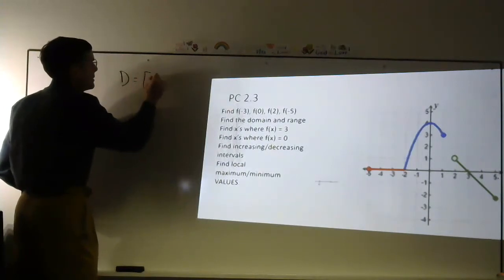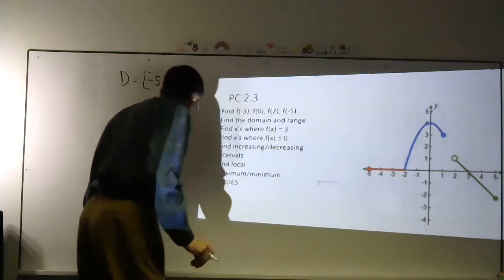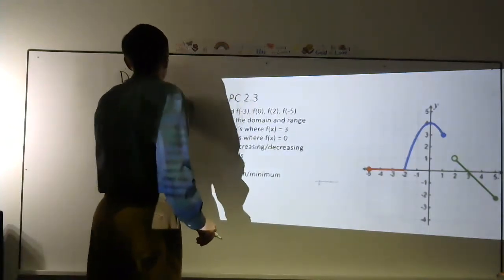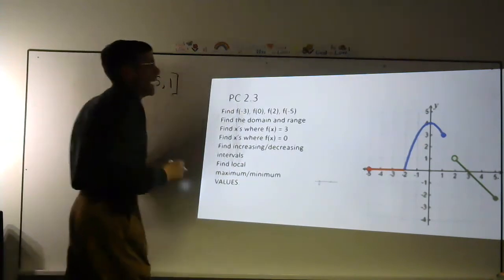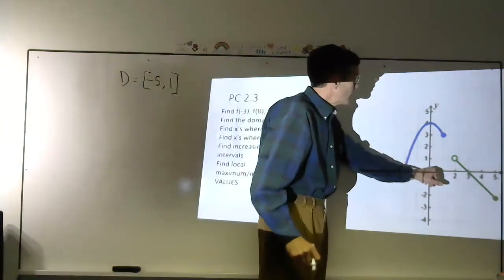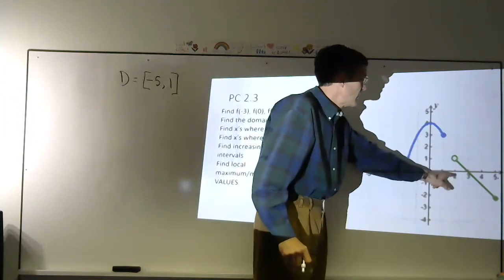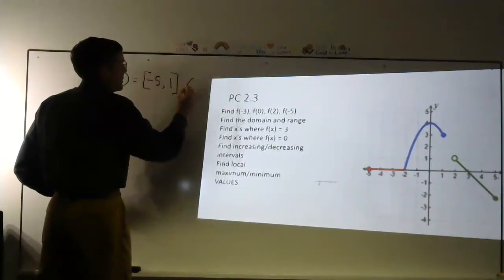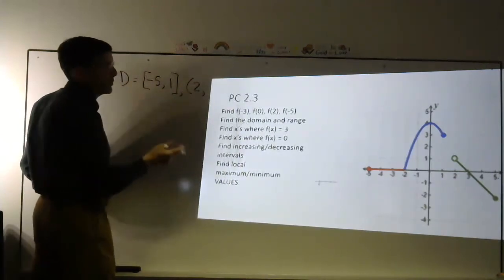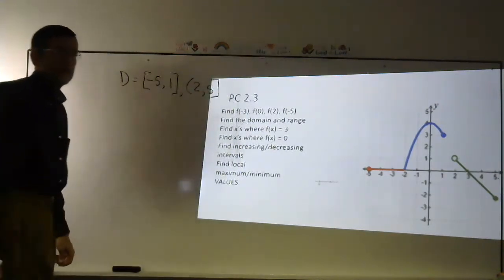Watch how I'm going to write this. -5 to 1 bracket. Starts here, stops there. From -5 to 1, those are used. Now, it starts at 2 and goes to 5, but 2 is a parenthesis because 2 is not included. 5 is included. Are you with me?